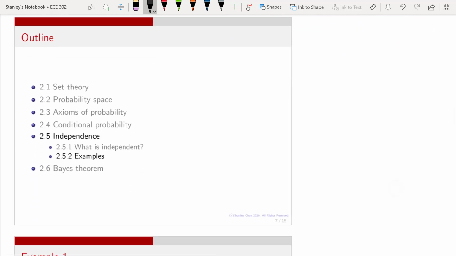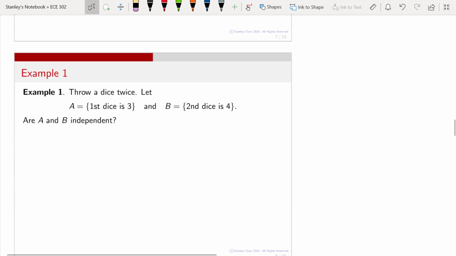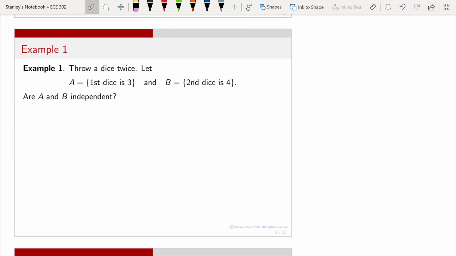So let's go back to the examples that we have seen before, and then we are going to look at more examples. This is the first example we have seen. Suppose the first dice is 3 and the second dice is 4. We ask whether the two events are independent or not.